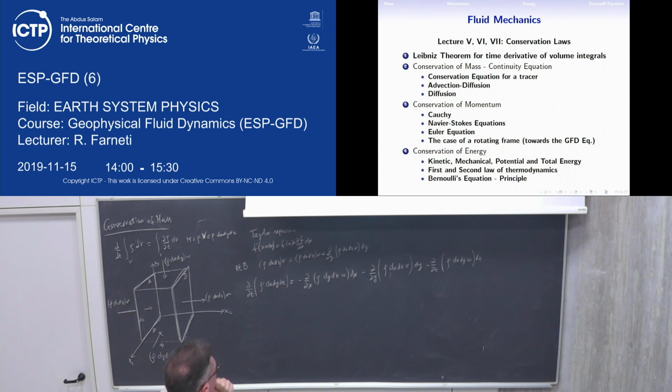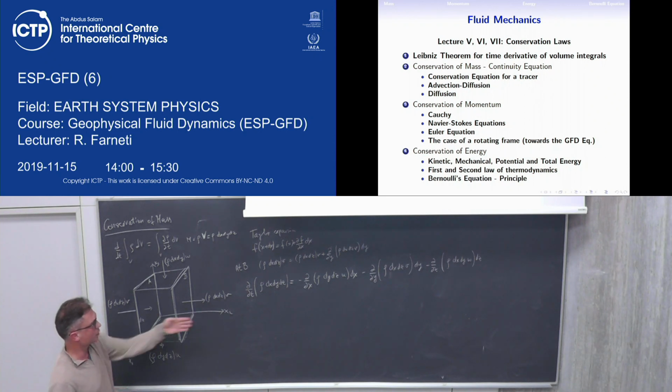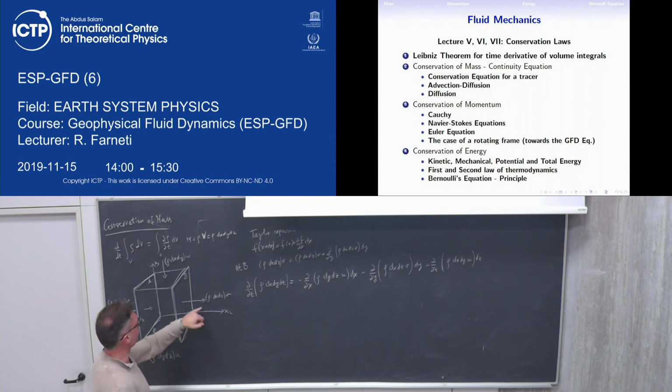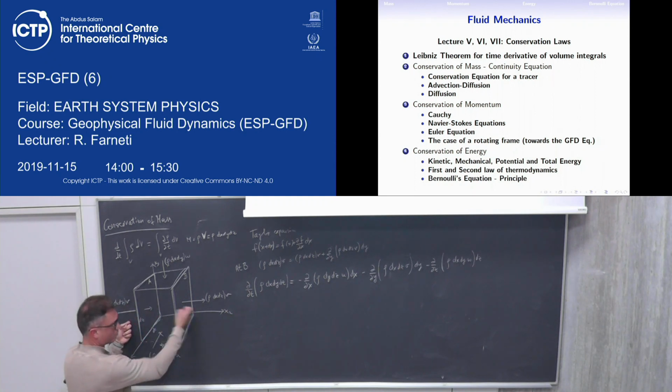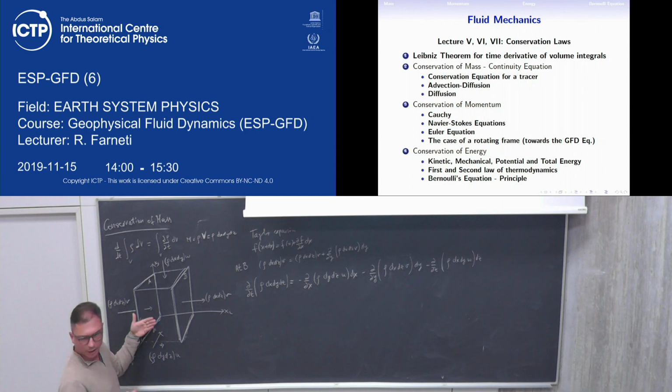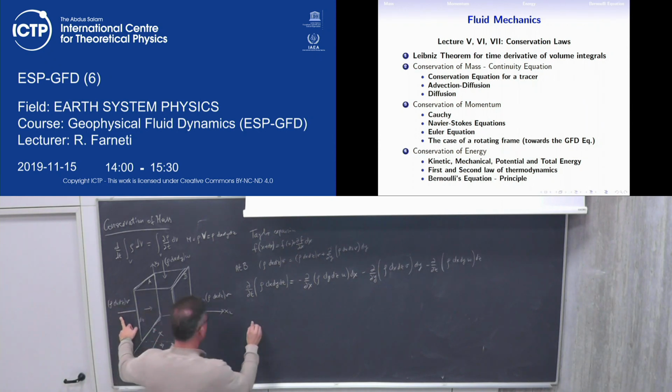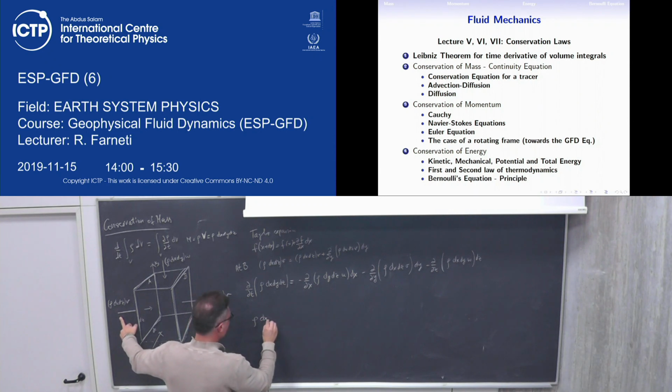Why the minus? Sorry, I'm lost. Why is minus? You have some flux in and some flux out. So what is the rate of change in the x direction? It is whatever goes in at A minus whatever goes out at B, so in minus out. I get an influx and an outflux. What comes in is rho dx dz v.